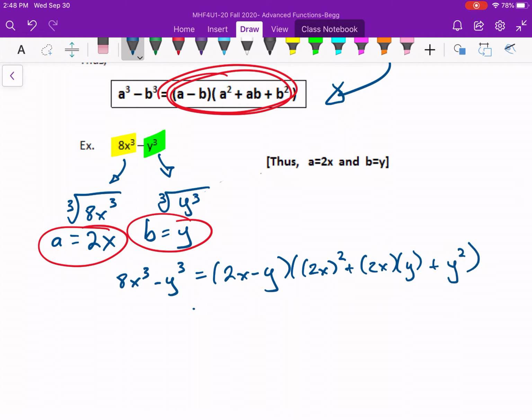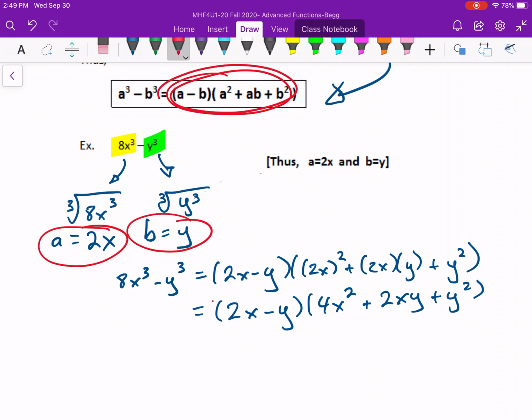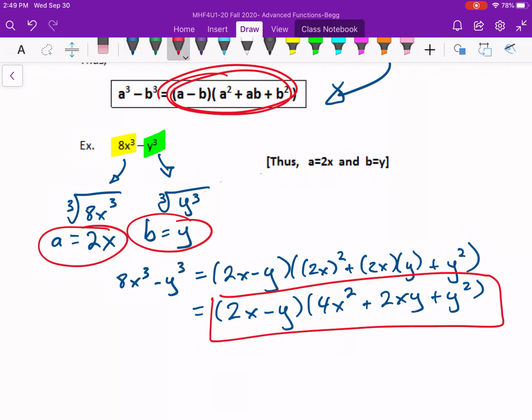So I can simplify that a bit, what's inside the second brackets. 2x squared is 4x squared without the brackets. 2x times y is just 2xy, and then we have y squared. So this would be our factored form of the difference of cubes, 8x cubed minus y cubed.